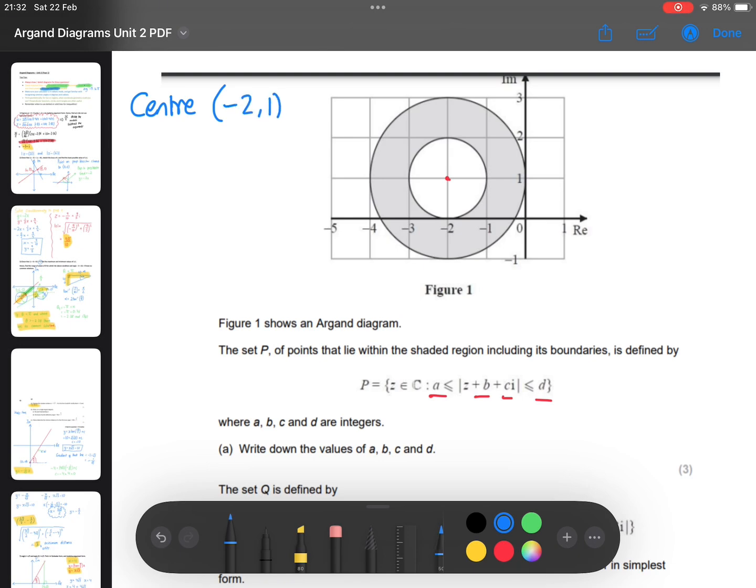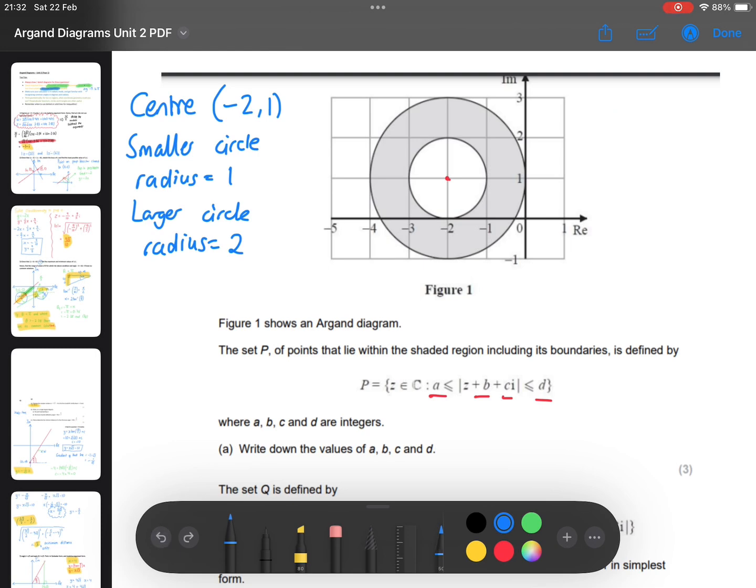And for the smaller circle, the radius is clearly 1. And for the larger circle, the radius is going to be 2. And that gives us all the information that we need to straight away fill in the values of A, B, C, and D.